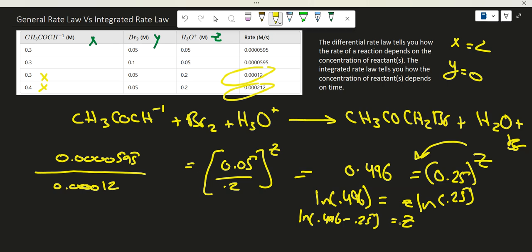The answer is negative 1.4. So let me double check if we did the math right. So natural log of 0.496 divided by natural log of 0.25, which is a half.